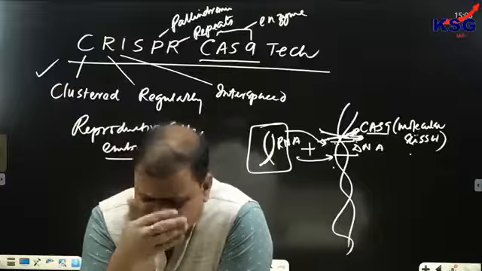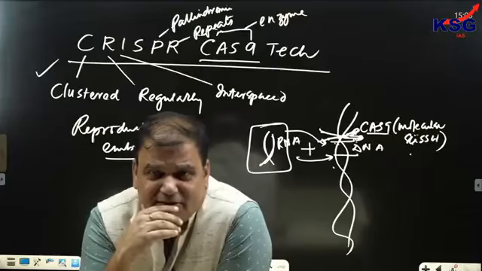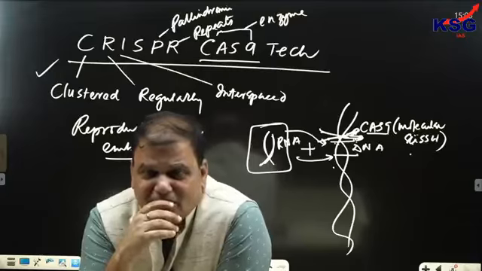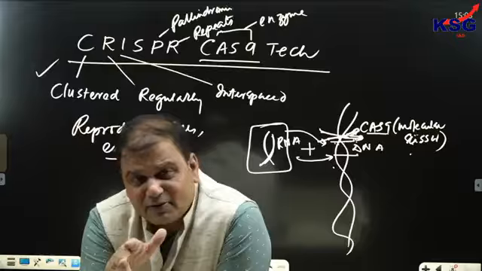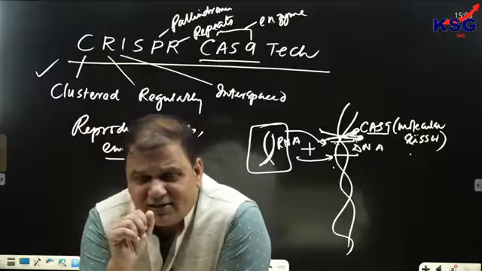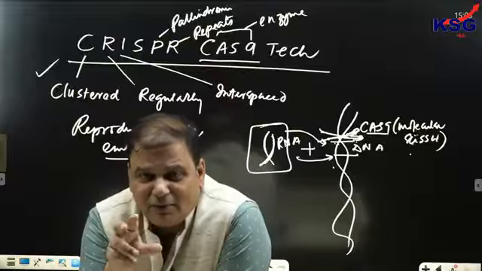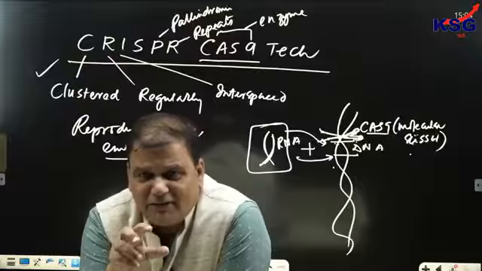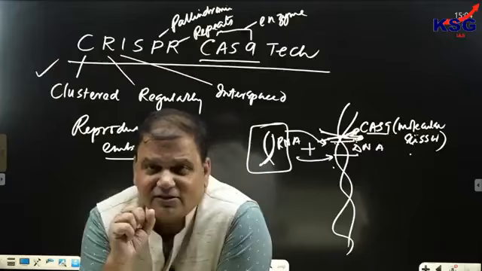On the other hand, when we are talking about CRISPR-Cas9 technology, we can see that it can be used for other purposes also. For example, He Jiankui, a Chinese scientist, was responsible for developing twins with the help of CRISPR-Cas9 technology who have innate resistance to HIV. Inbuilt resistance to HIV.